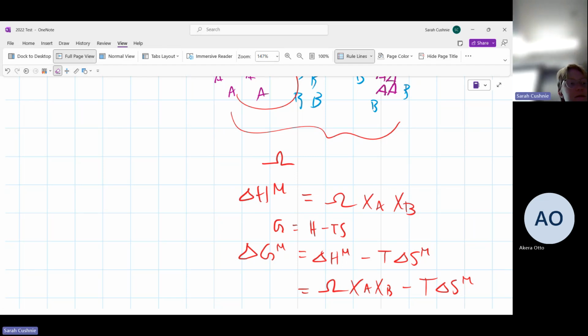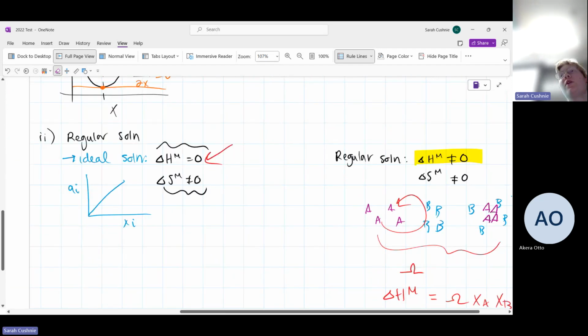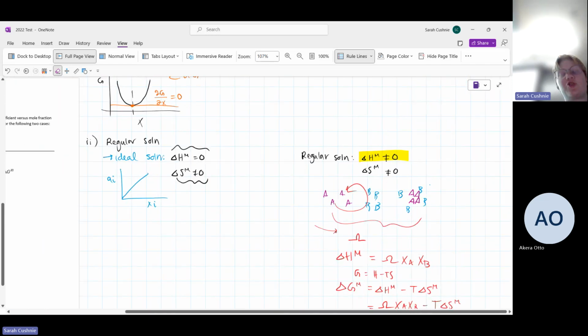So we can use this to define our regular solution. Note that this is a very specific case of a non-ideal solution. A non-ideal solution refers to anything whereby this equation doesn't hold. And our definition of this interaction parameter omega is just a specific case of that non-ideal solution.